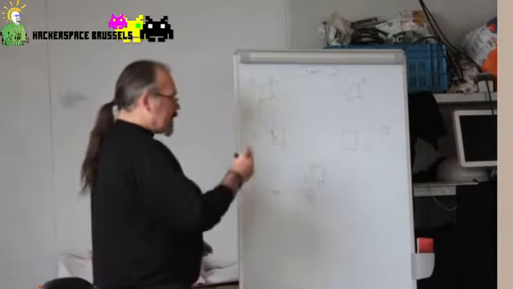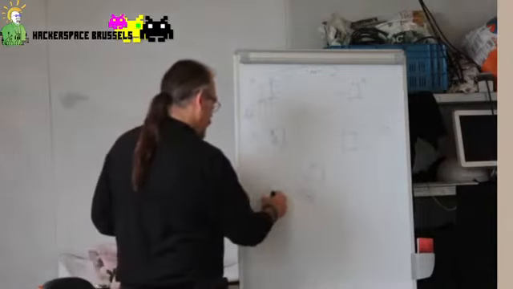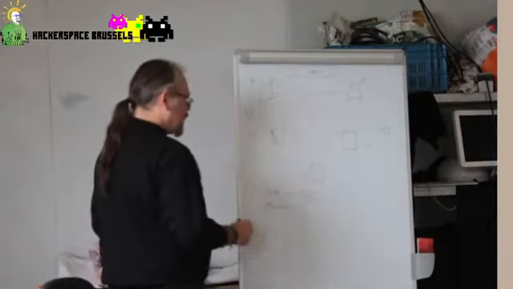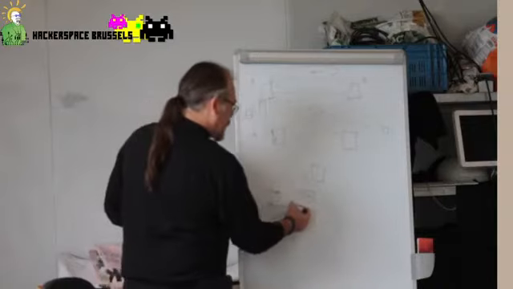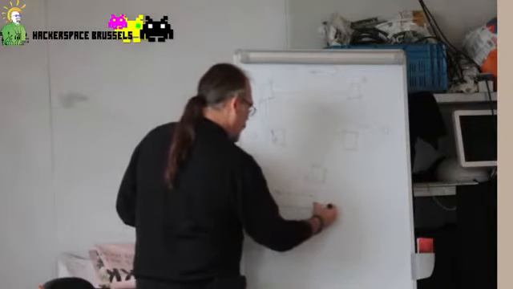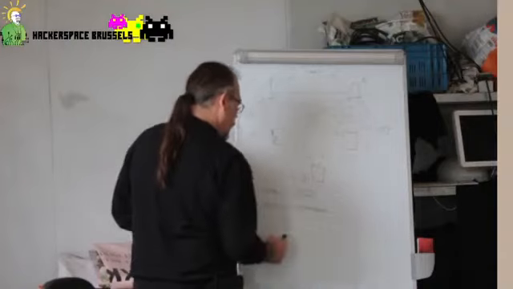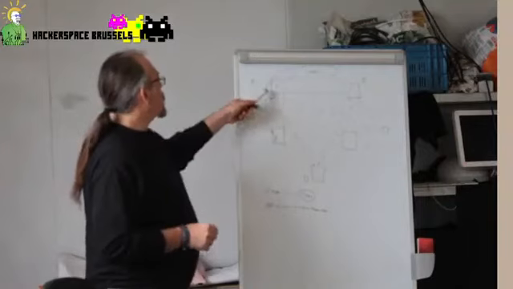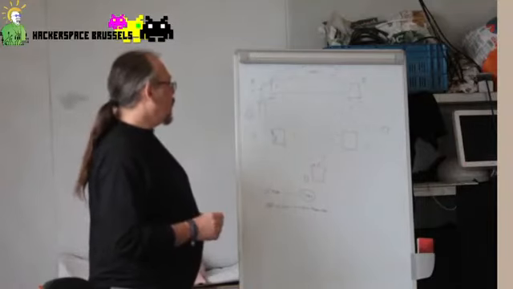But I create several bridges. For example, bridge VM1, which is connected to a VXLAN. In this case, VXLAN 200.